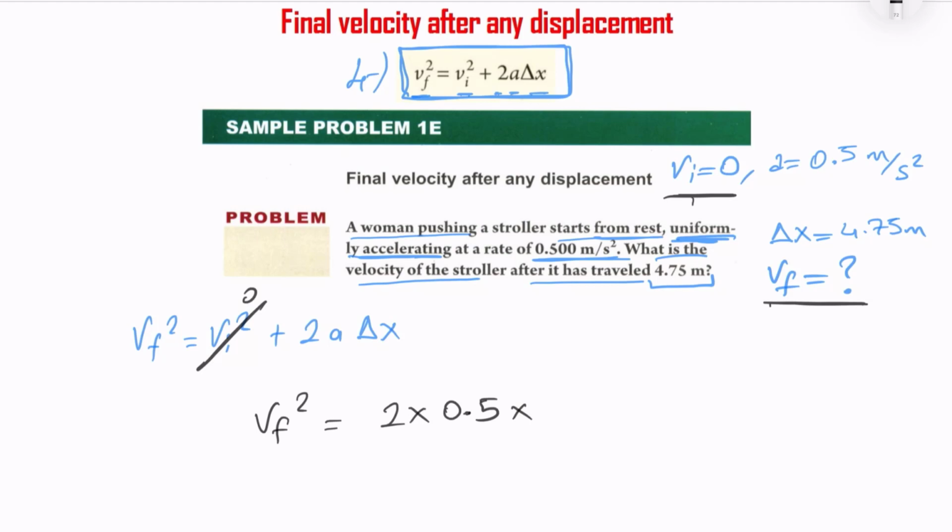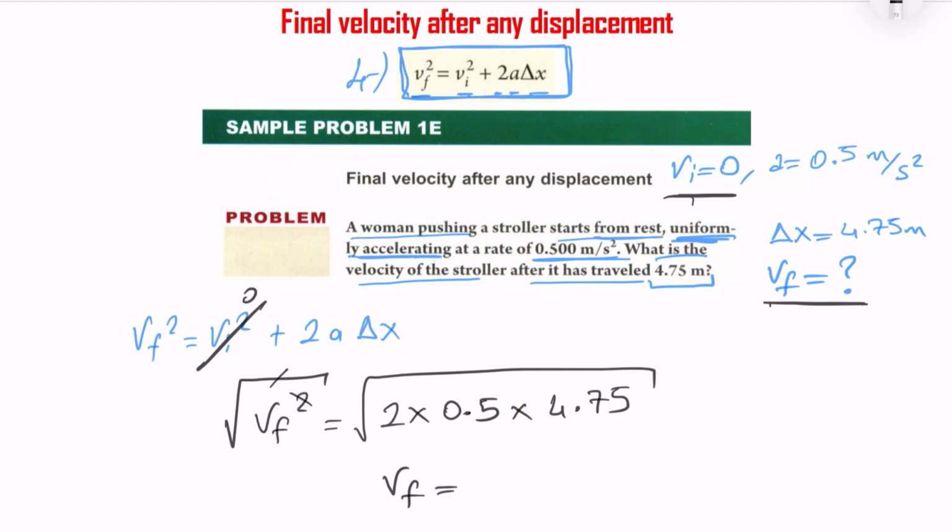Delta x is 4.75. To calculate the V final, we have to take root of both sides. Root and the square can cancel each other. So V final will be 2 and 0.5 will be 1. And it will be root of the 4.75. So result will be 2.18. What's the unit of velocity? Meter per second.